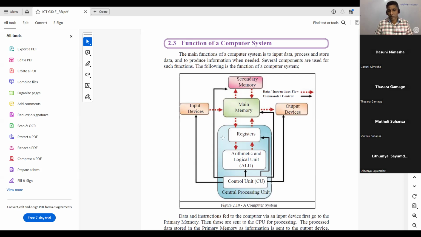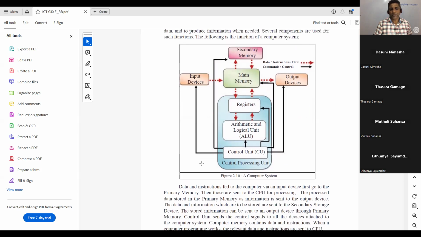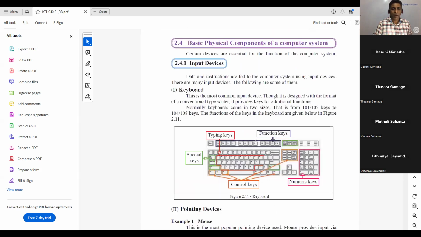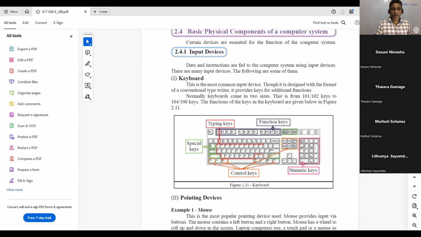Earlier you studied input devices with small diagrams that just showed the direction of the data flow. That's all. Here we have to discuss in detail how things are happening. This is the complete architecture of the computer process, and again they have added this chapter in detail, not like previously.